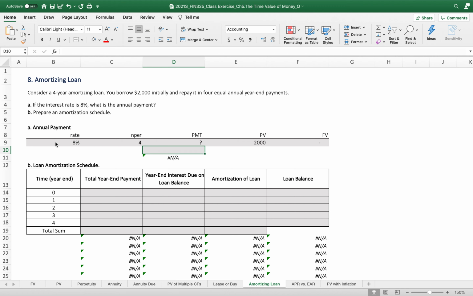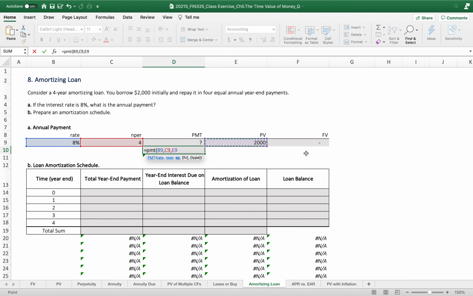Then how do you calculate it? It's very simple again. We use the PMT function: the rate, NPER, present value, and future value. It's type 0, but you don't have to enter it because it's automatically recognized as type 0, the payment at year end.